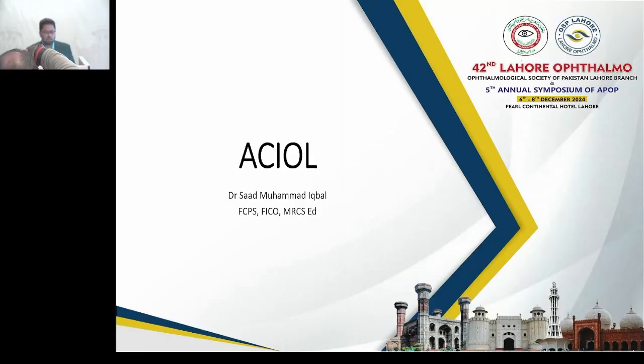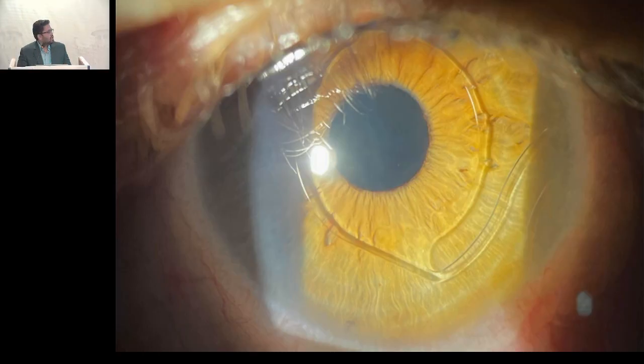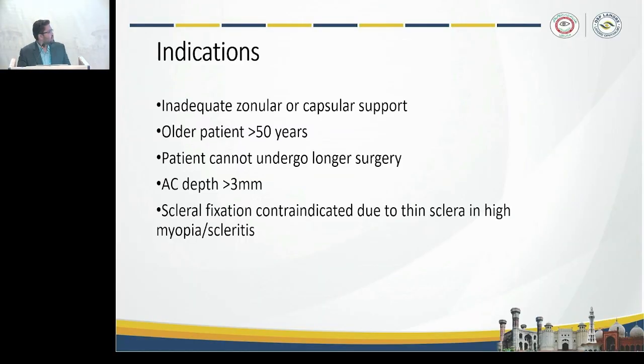Anterior chamber IOL is an older technique which still has some validity and some position in our practice. Indications would be obviously any case of inadequate zonular support and capsular support. Older patients more than 50 years of age, patients with adequate anterior chamber depth.